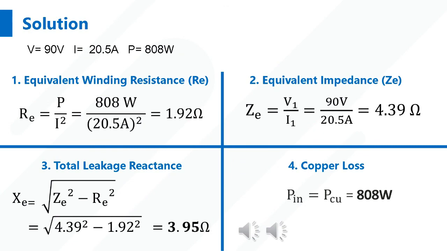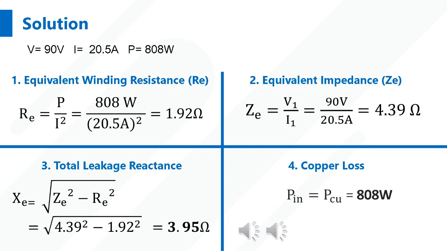So, first is the equivalent winding resistance. Substitute lang yung power and yung current. Makakakuha na tayo ng 1.92 ohms. So, for the equivalent impedance, substitute yung voltage over current. So, meron tayong 4.39 ohms. So, after makuha natin yung equivalent winding resistance and the equivalent impedance, pwede na tayong mag-proceed sa total leakage reactance.